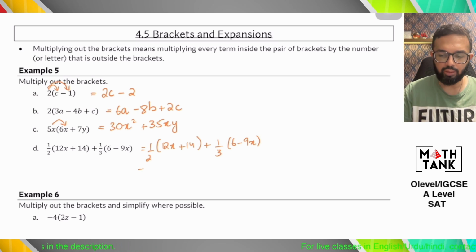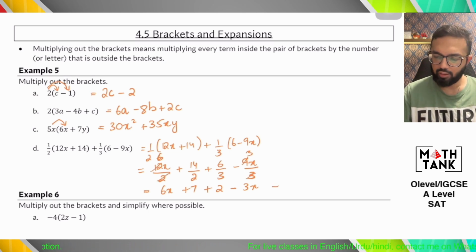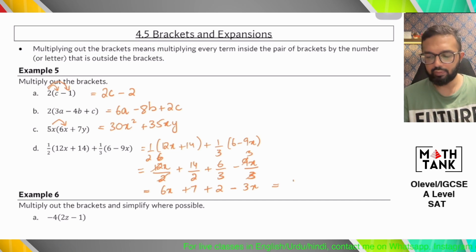Okay, so you multiply it out first. 12x over 2, 14 over 2, 6 over 3, 6x plus 7 plus 2 minus 3x. Okay, all of these are cancelling out. I'm just adding them up later on. So 6x minus 3x gives me 3x plus 9.